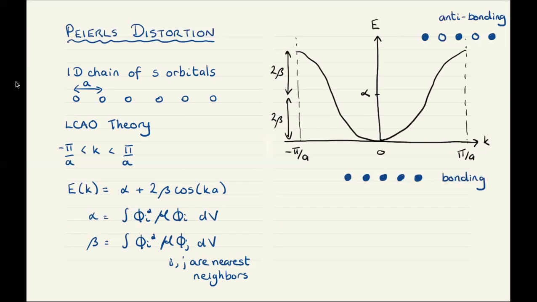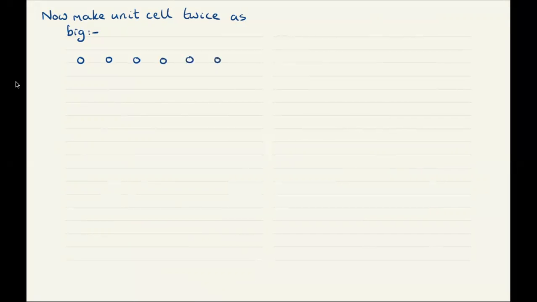Okay, so let's extend this discussion now and make the unit cell twice as big, but without changing the physics. So we're leaving our physical problem the same, but we're just changing mathematically how we describe it. So we still have a linear chain of hydrogen atoms with their s orbitals.